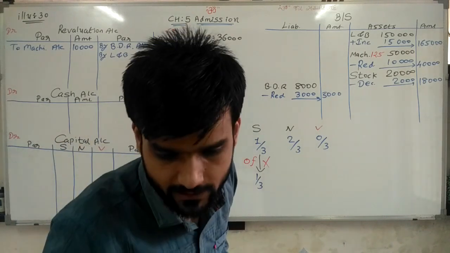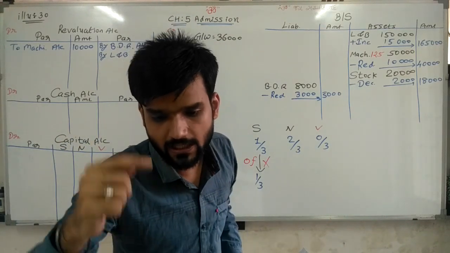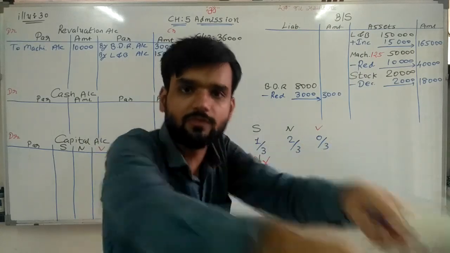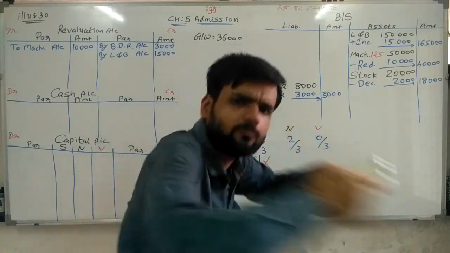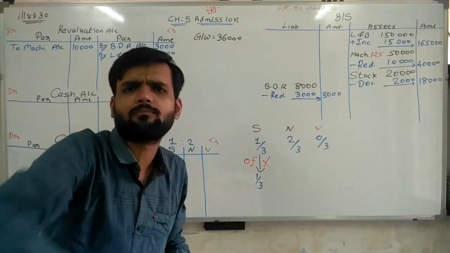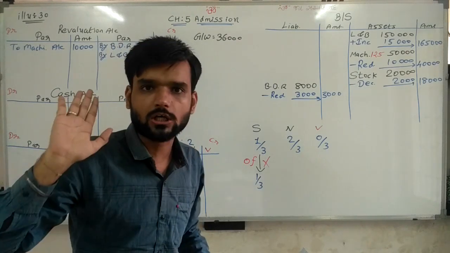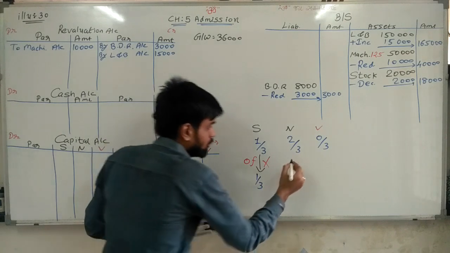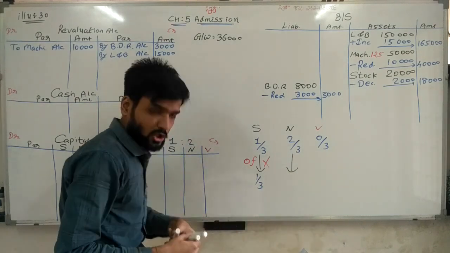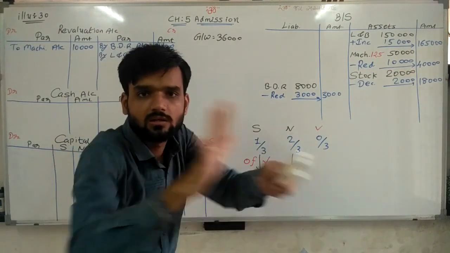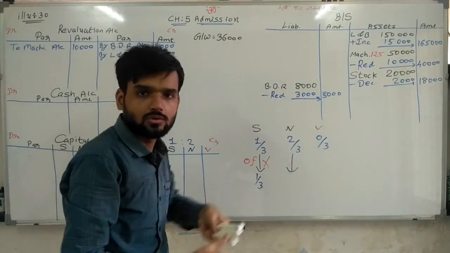And the second one given, Neeraj sacrificed 1/3 share for Vijay. Directly 1/3 share given to Vijay. Directly means from. You need to remember that. So Neeraj gives 1/3 share to Vijay.